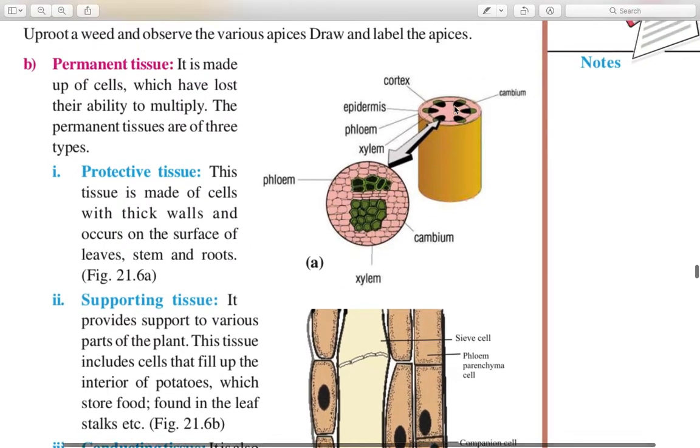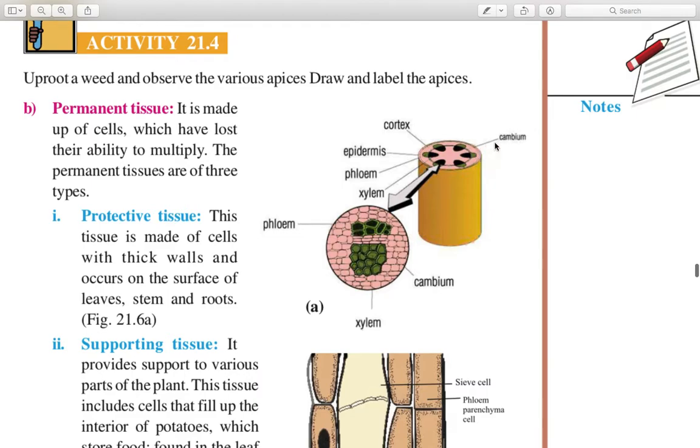So here you can see this cambium. Cambium helps in the growth of the size of the stem or root, whatever it is. And you have cortex, which is also a kind of tissue. It helps in storing some nutrients and also some oil substances in the plants.